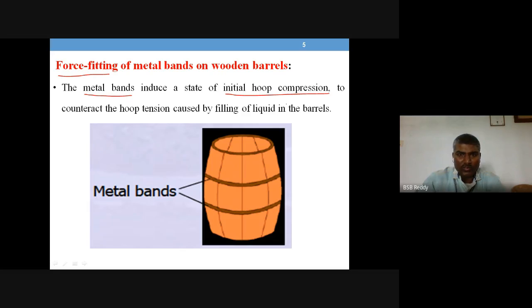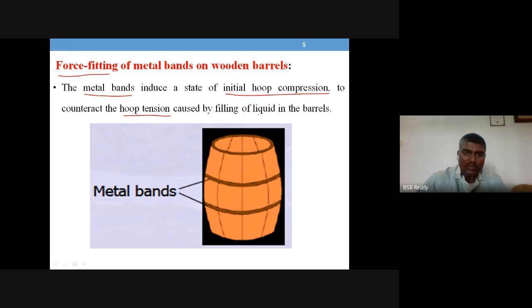And you know from the strength of materials concept that hoop tension is very common in pressure vessels. To counteract the hoop tension, we need to induce hoop compression. The hoop tension will try to split apart the wooden planks, and that is possible for leakage of the liquid or powdered form material.